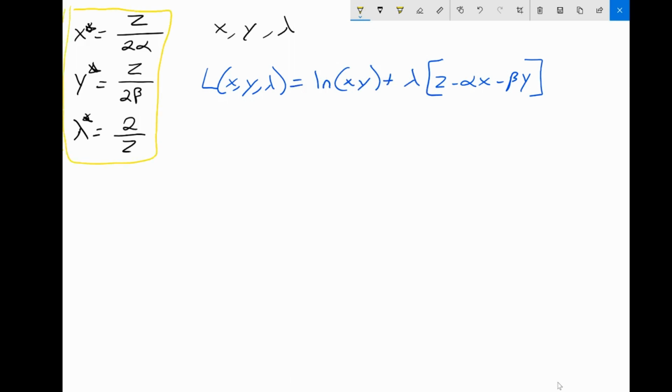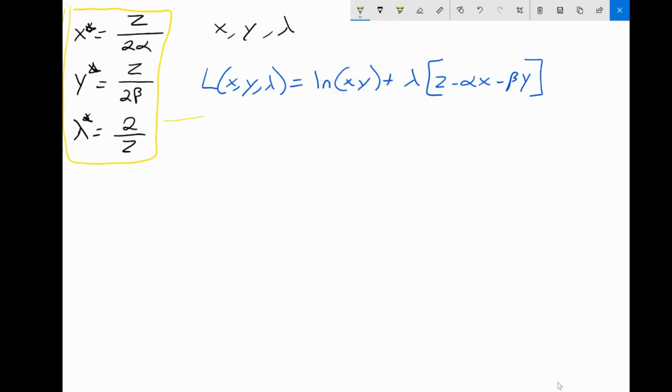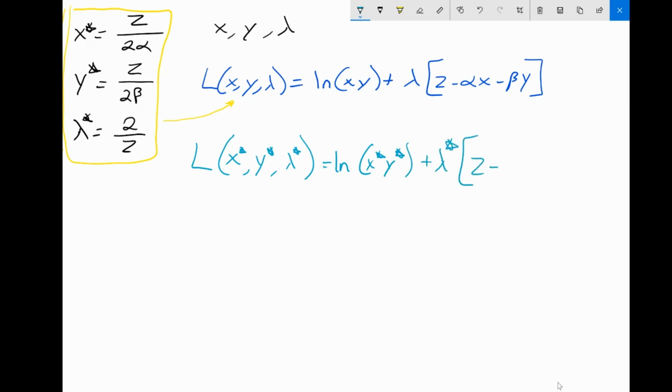All right, that's x star, y star, and lambda star. Now, what if we took these values and we plugged them back in? If we plug these values back in, we would get a new function, L(x star, y star, lambda star) equals natural log of x star y star, plus lambda star (z minus alpha x star minus beta y star).